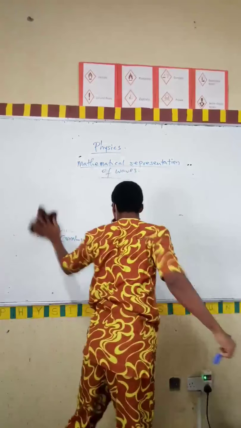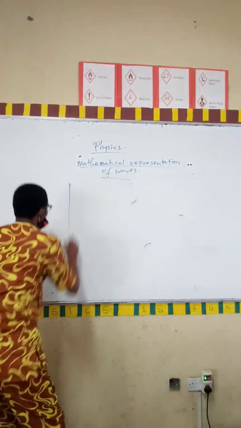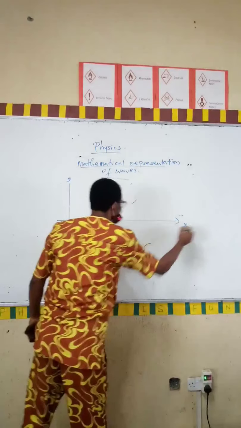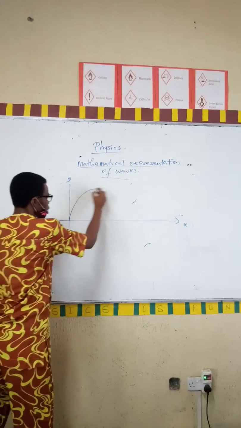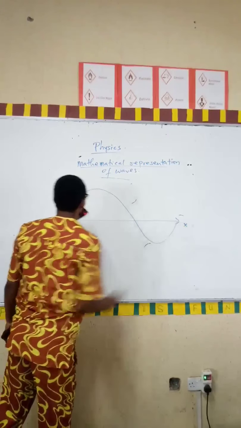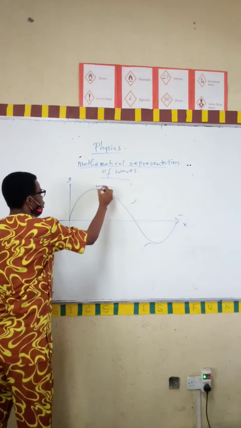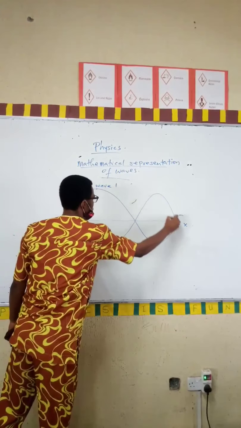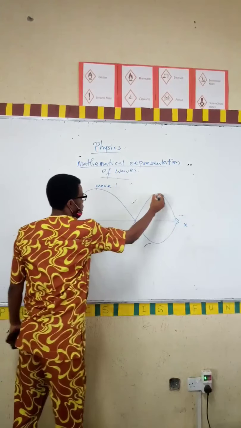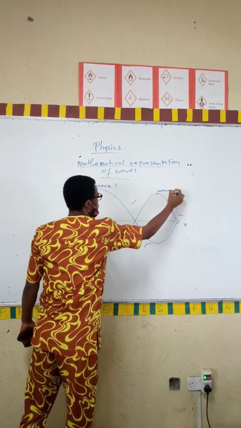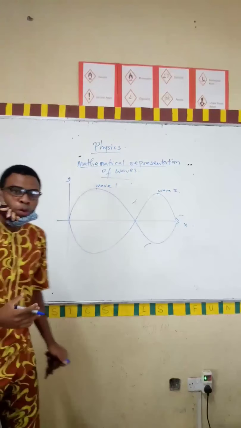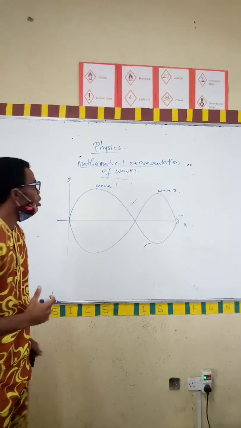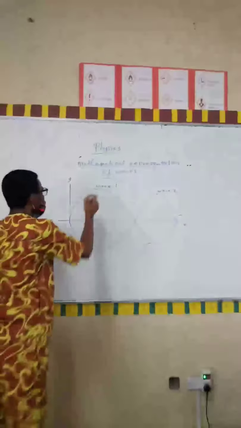So this is the y-axis, this is the x-axis, this is wave 1, and this is wave 2. For us to show that this is a standing wave or stationary wave, we must give the direction.